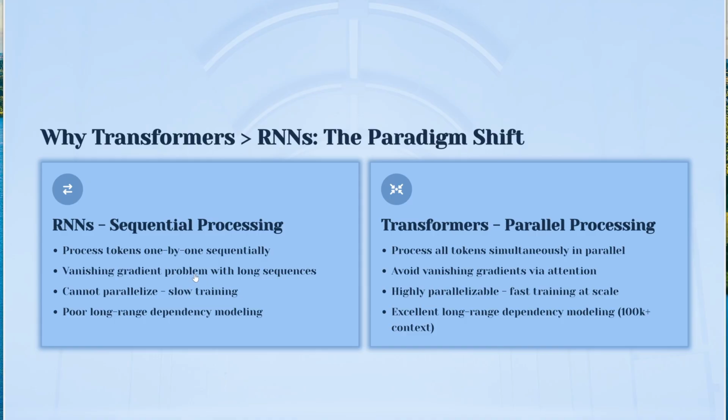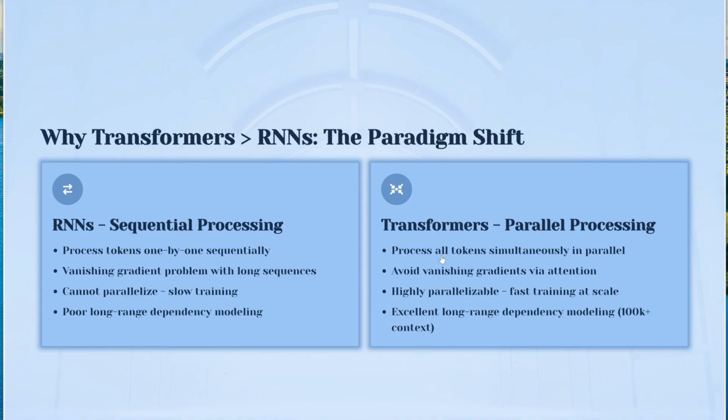That information from the earlier tokens tends to fade away as the sequence gets longer and longer. Another major limitation is that RNNs cannot be parallelized effectively because they are sequential in nature and very slow in training. As a result, RNNs struggle with training speed and modeling long contexts.